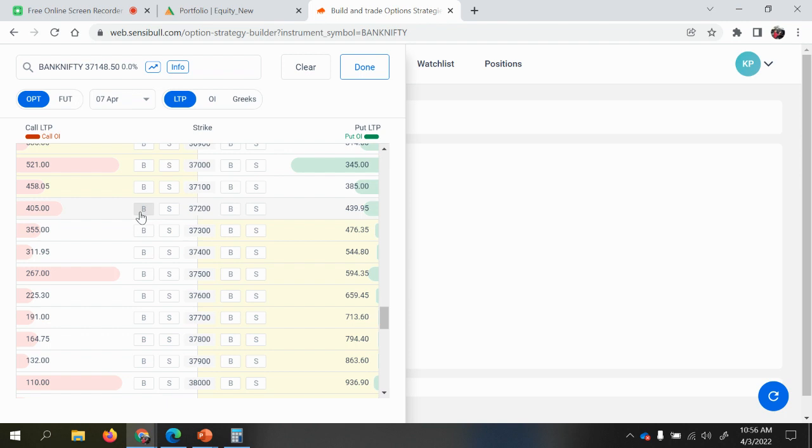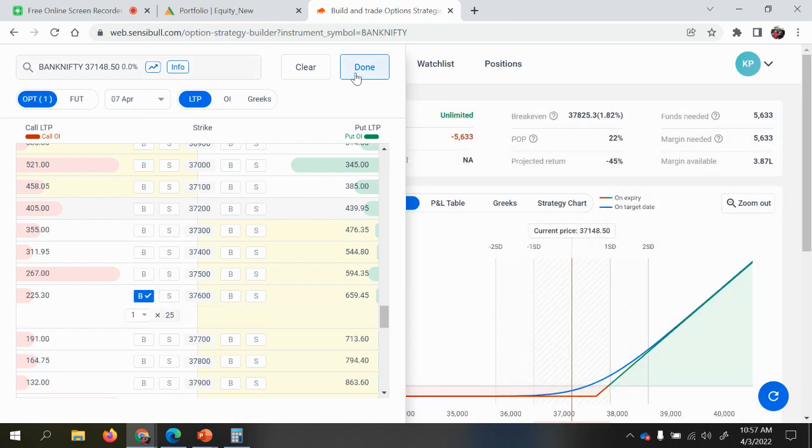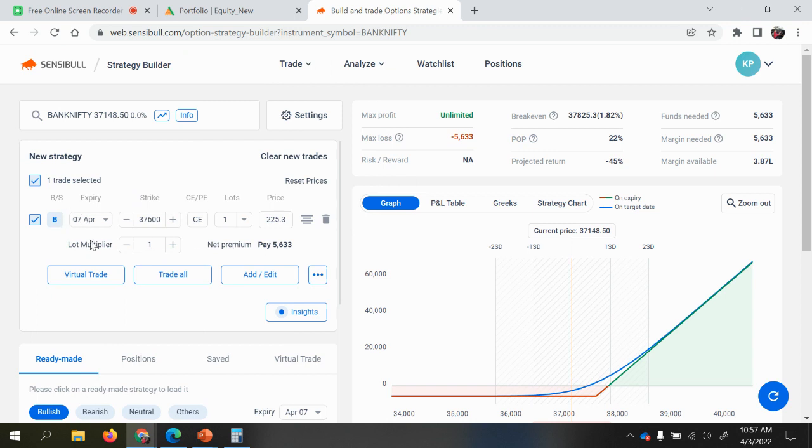Whenever I deploy a debit spread from the ATM, I usually take a premium of 225, or from the ATM I take 2 to 3 strikes OTM, near OTM, and then deploy. So let's say I'm just buying this call at 225. Whenever we go for a buy, the maximum profit would be unlimited, but at the same time we have a maximum loss of 5,633, and the breakeven is almost 1.82%.